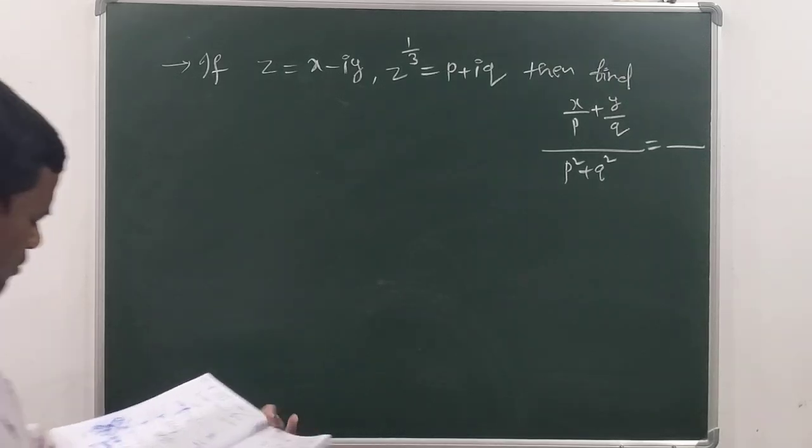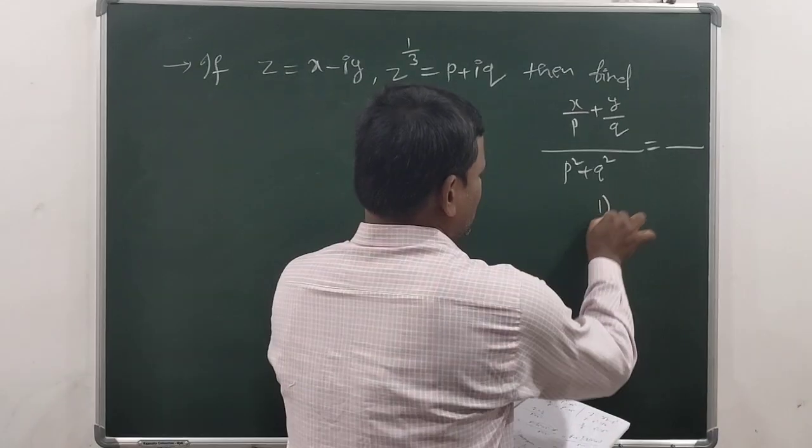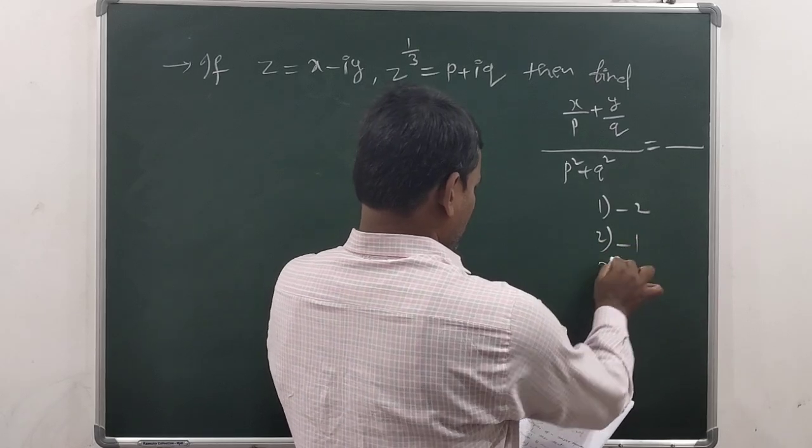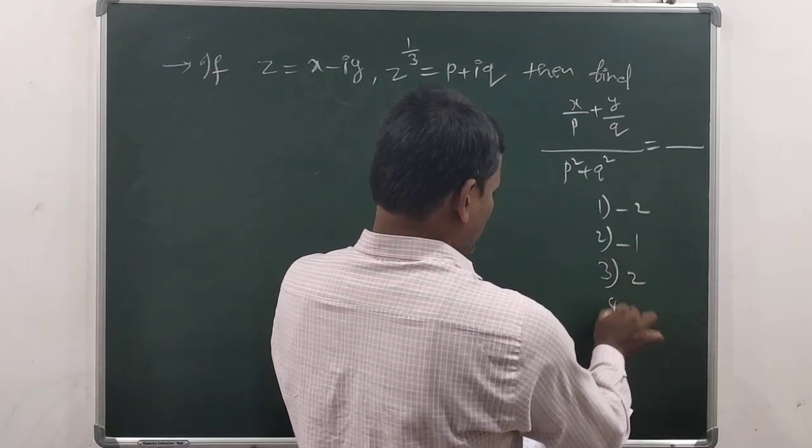So this is the question. Now options are given like this. First option minus 2, second option minus 1, third option 2, fourth option 1.